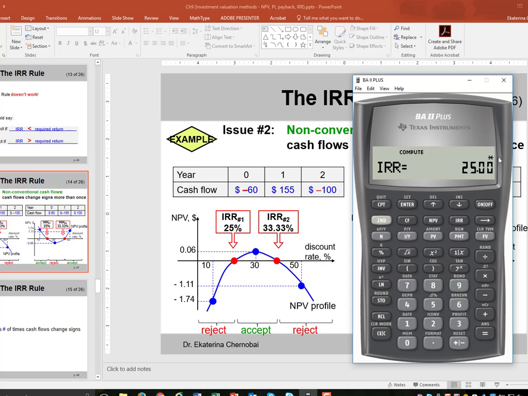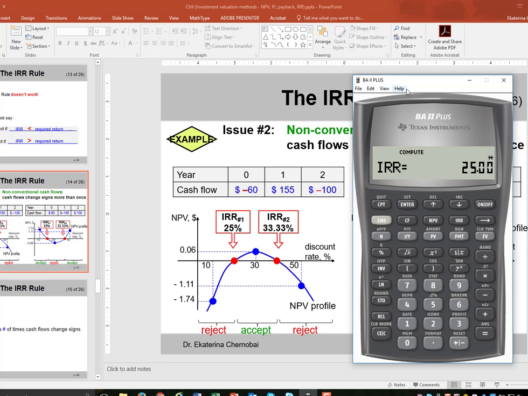That's the first IRR. Does the financial calculator tell us what the second IRR is? No, it cannot do it. It only shows the first one of the two, but you know that there should be two. So the financial calculator is kind of unable to handle this kind of complex problems.